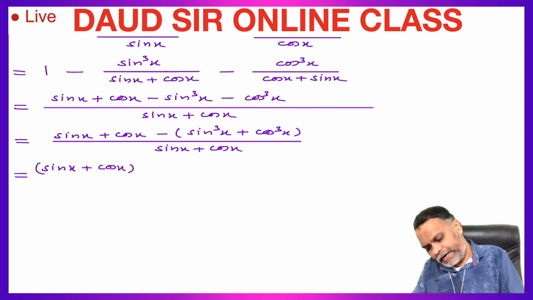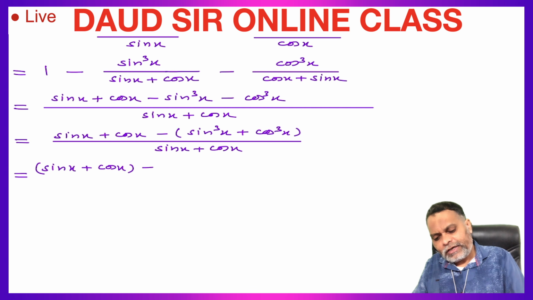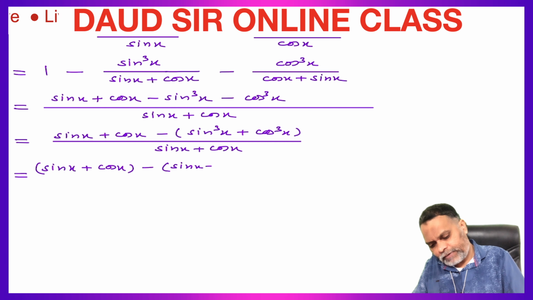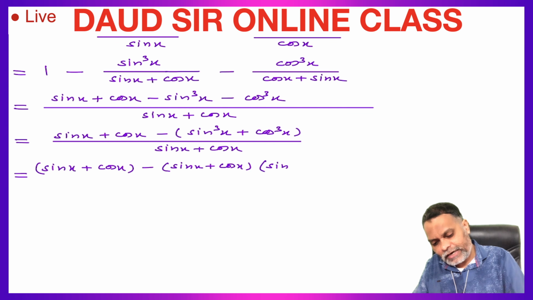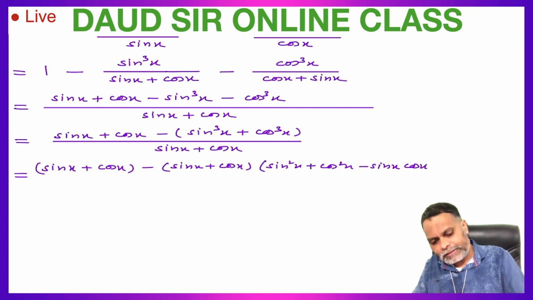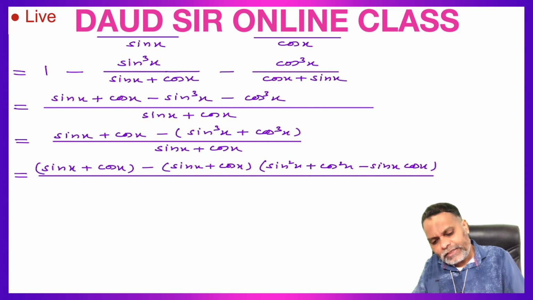We can write in bracket, minus sign, a cube plus b cube is a plus b, so sin x plus cos x into a square plus b square minus ab. So a square is sin square x, b square is cos square x, minus ab, minus sin x into cos x, upon this sin x plus cos x as it is.